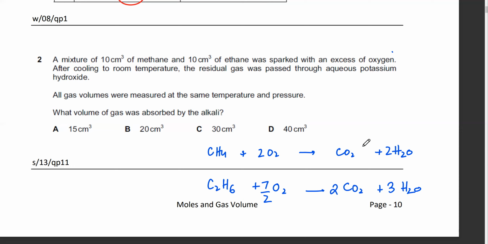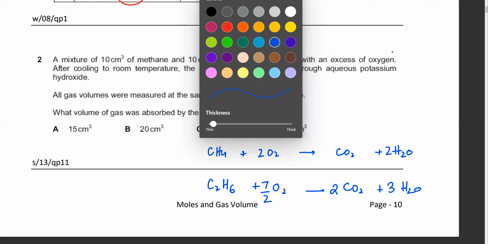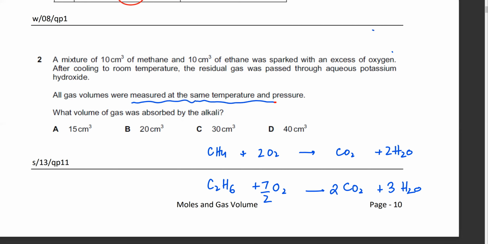So he's again talking about the carbon dioxide gas, because that's the only acidic gas. Remember, non-metal oxides like nitrogen oxides, phosphorus oxides, sulfur oxides, carbon oxides, they're all acidic because they form acids. So we're going to first find out how much carbon dioxide is produced. 10 cm cube of methane gives 10 cm cube of carbon dioxide.